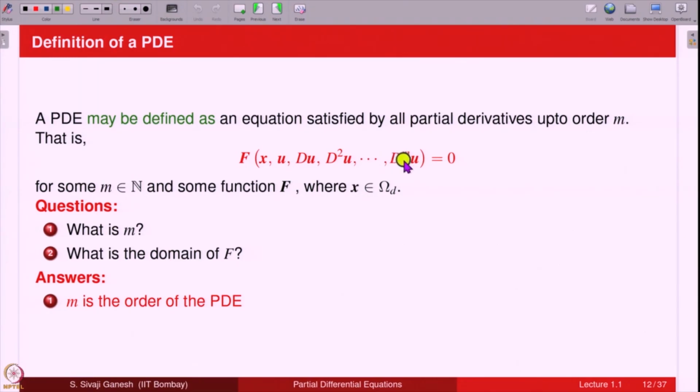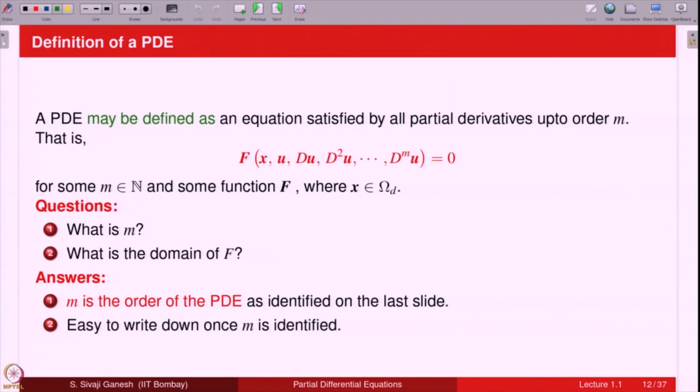Our definition will not allow it, because we would require that m should be the order of the PDE as identified on the last slide. M is the order of the PDE means some mth order partial derivative appears and no higher order partial derivatives appear in the equation. That is why that m is unique.